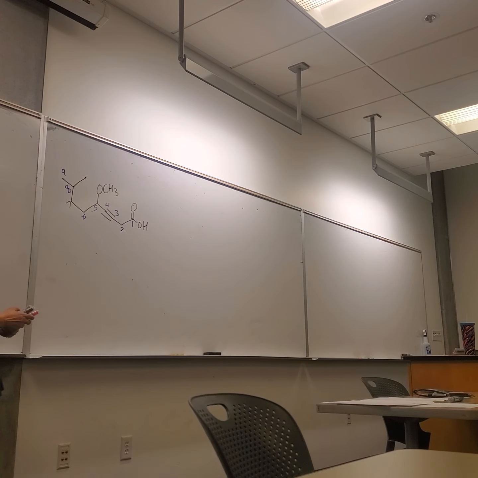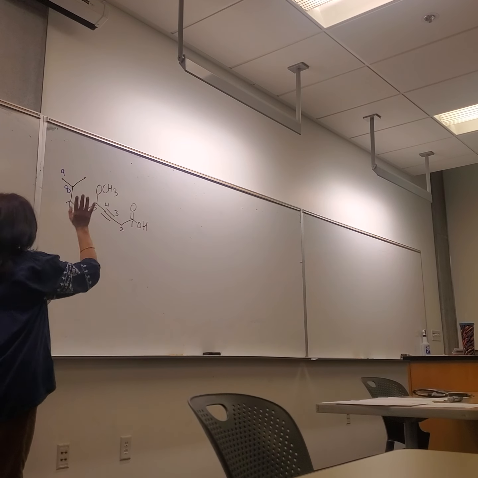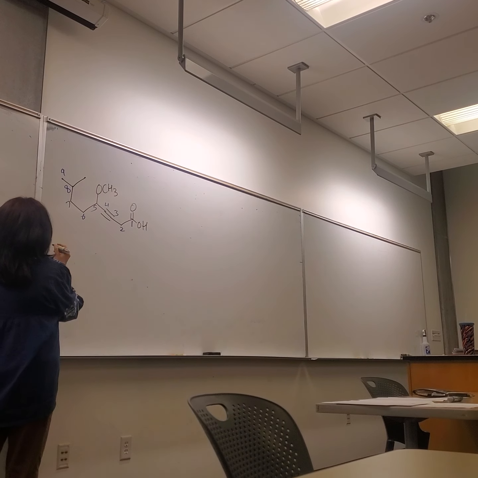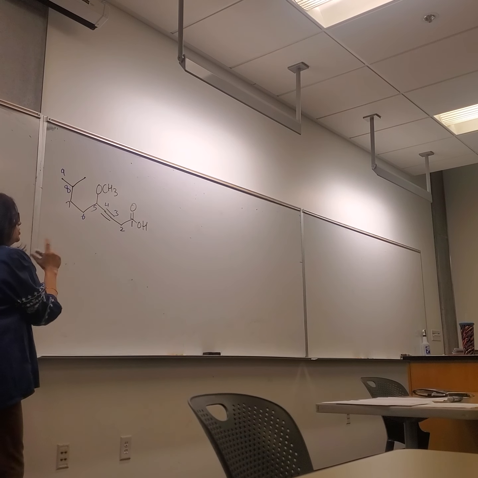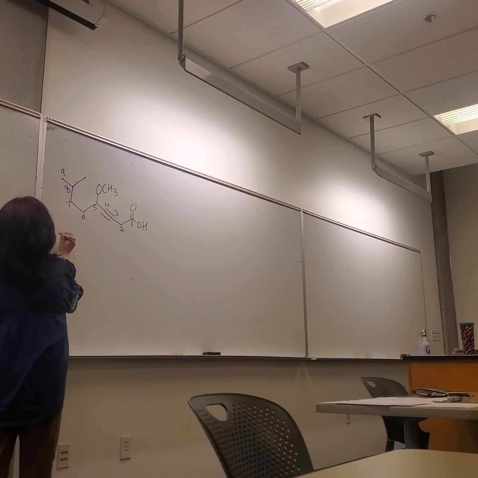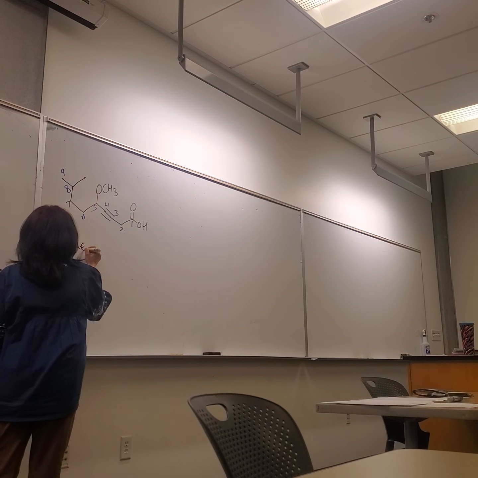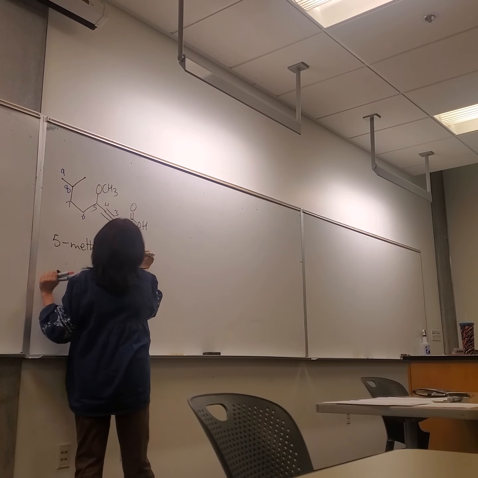Stereochemistry? No. Groups? Methoxy. And methyl. What comes first, methoxy or methyl? Methoxy, alphabetical. So 5-methoxy. And then 8-methyl.